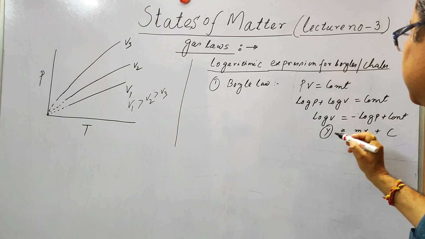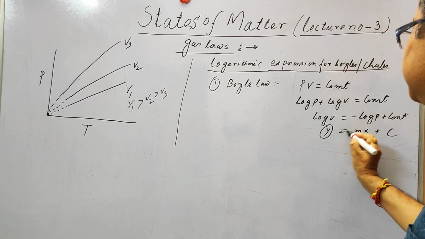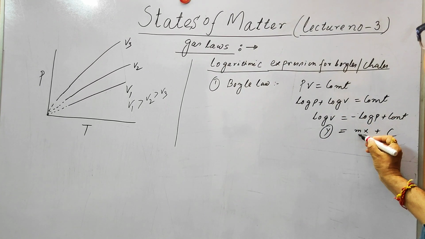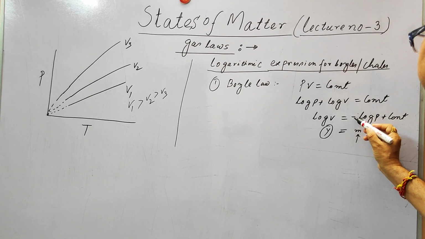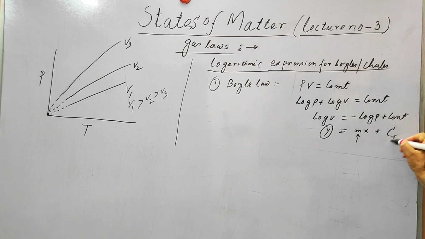Here m is the slope or gradient. The gradient is negative, and this is a constant.